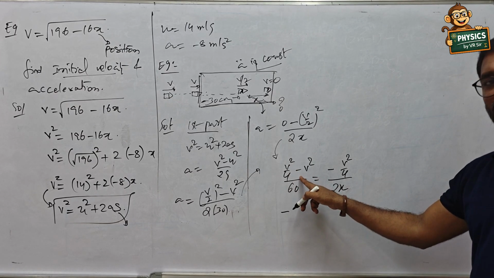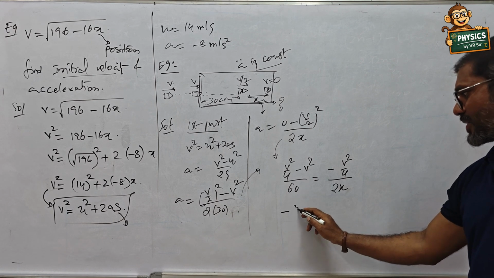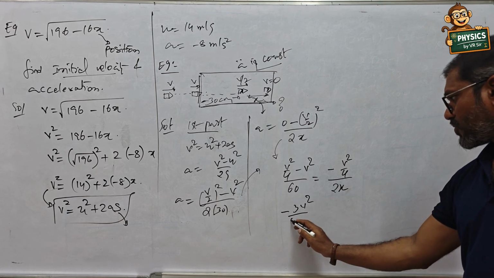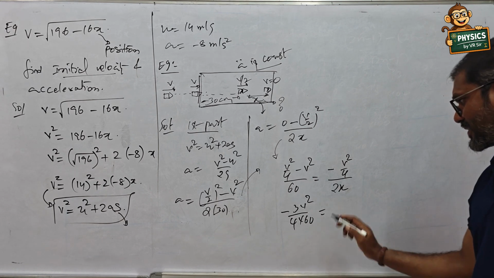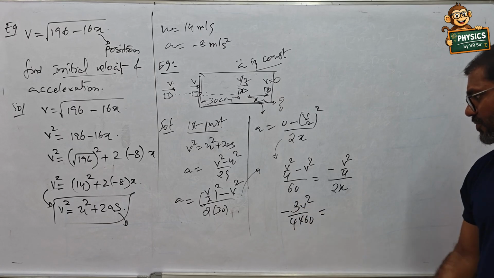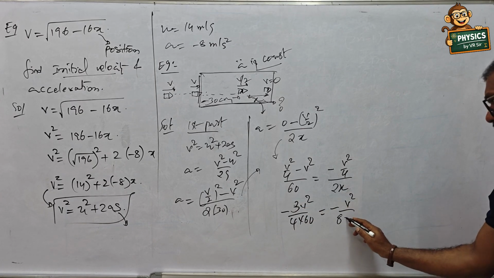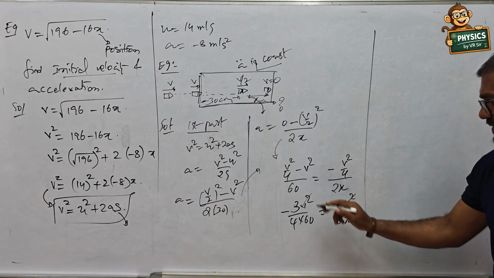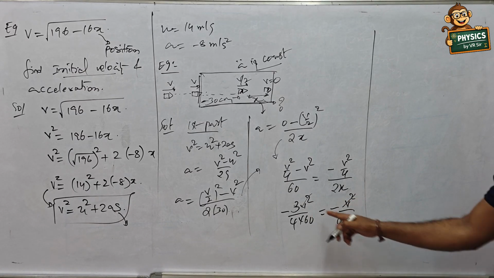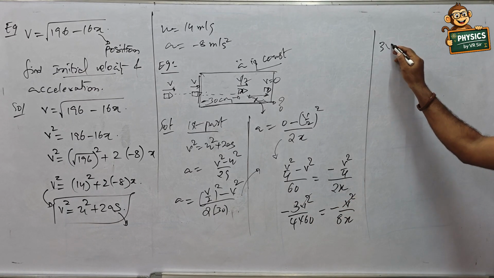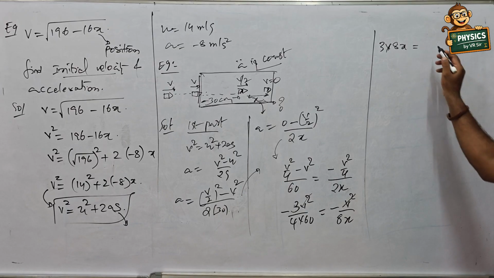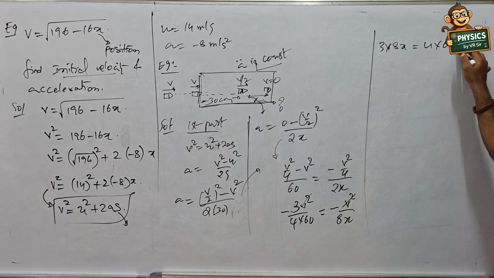If you take LCM 4, v square minus 4 v square gives minus 3 v square upon 4 into 60. Hope you are following. This must equal minus v square by 8x. Now v square cancels, the minus cancels, and cross multiplying, 3 into 8x is equivalent to 4 into 60.